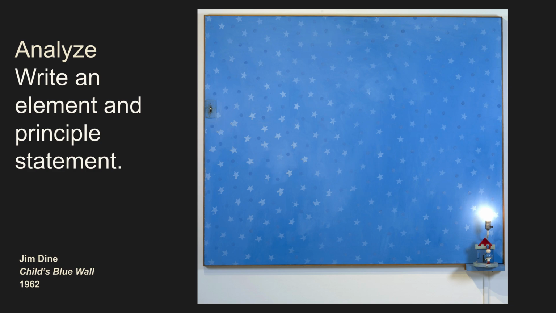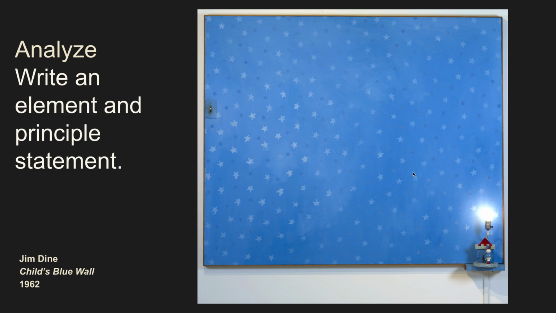Next is analyze. So this is where you write an element and principle statement. So thinking about how we write element and principle statements, what is that first step of writing an element and principle statement? So first we start with picking a principle. So thinking about my principles, I think that this has very strong unity, because we have this kind of large area that feels very cohesive.